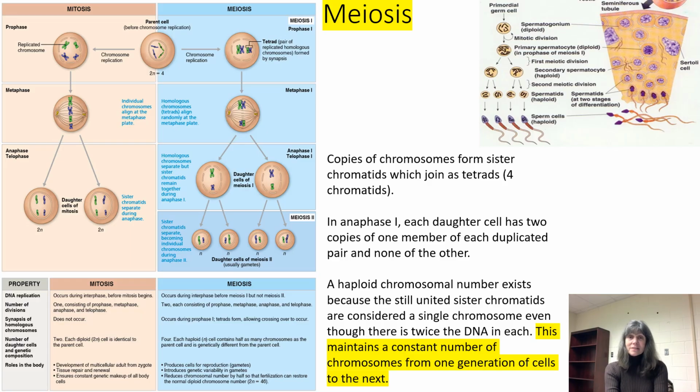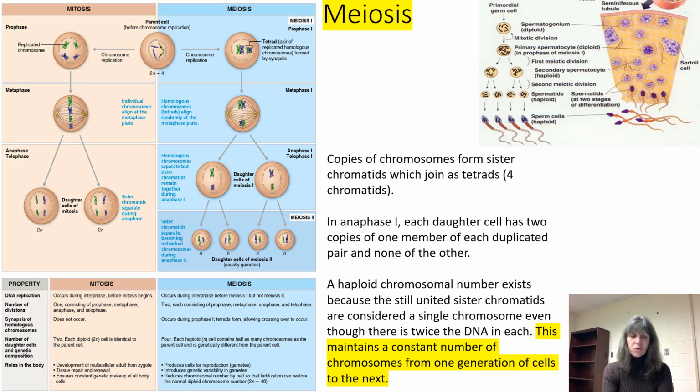We're going to discuss the process of meiosis, and there's a chart on the left-hand side of this slide that compares meiosis on the right part of the chart to mitosis, which is on the left-hand side of that chart.